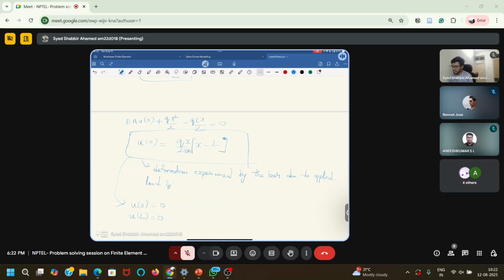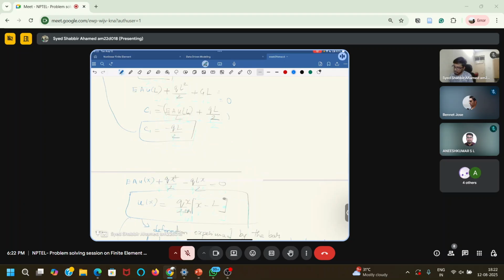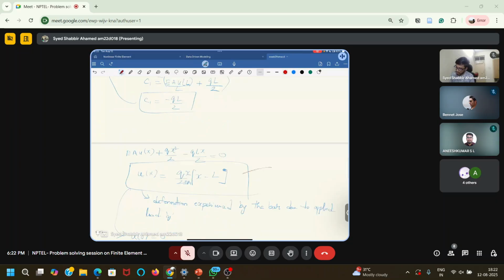So this is nothing but the analytical solution of the bar. Okay. So this is the analytical solution, or you can also call it closed form solution.